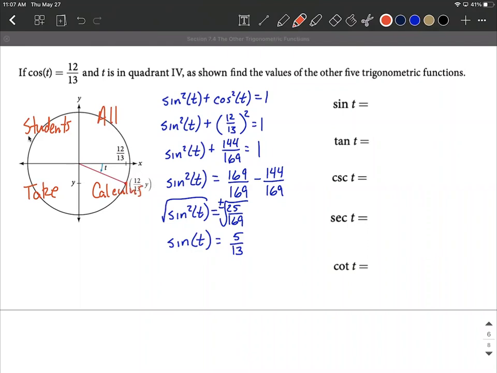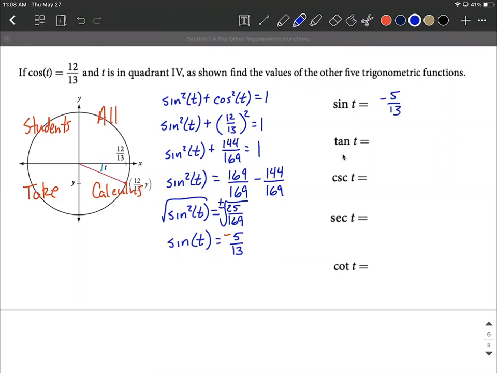In the second quadrant, only sine and its reciprocal cosecant are going to be positive, tangent for the third quadrant, and cosine for the fourth quadrant. So in the fourth quadrant, cosine was positive, but sine should be negative. So at this point you want to include the negative out in front of what we just found. So we got negative 5/13 for our sine value.